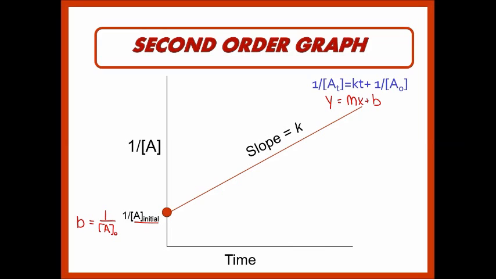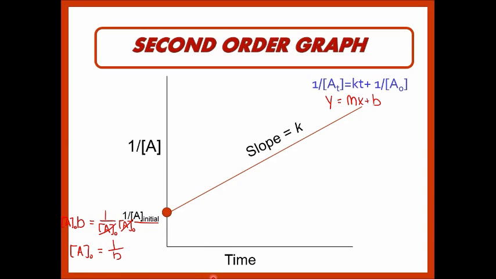And in order to solve for just this value, we would need to multiply by this initial reactant concentration on both sides. And so we can see that these two variables cancel in this case. And then to solve just for the initial reactant concentration, we would divide by b. So ultimately the concentration of the reactant initially is going to be equal to 1 over the y-intercept.